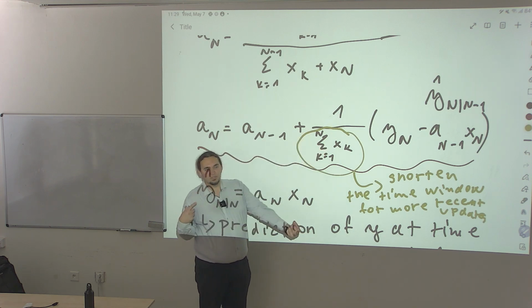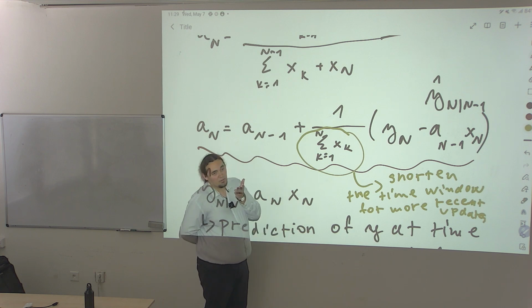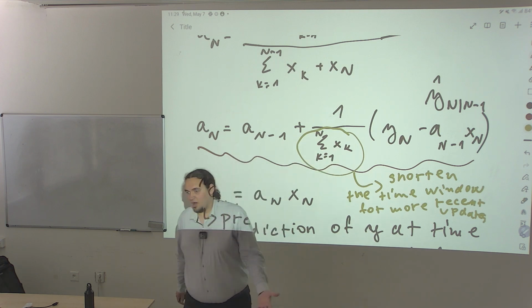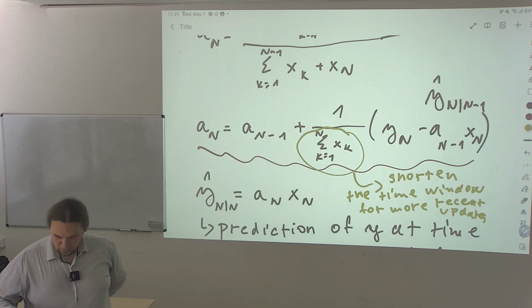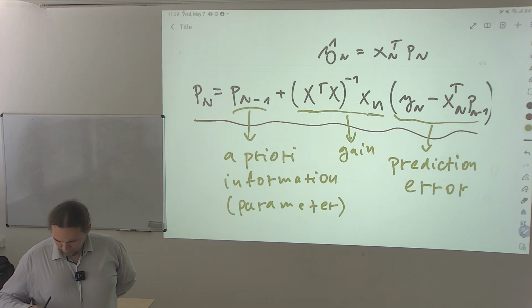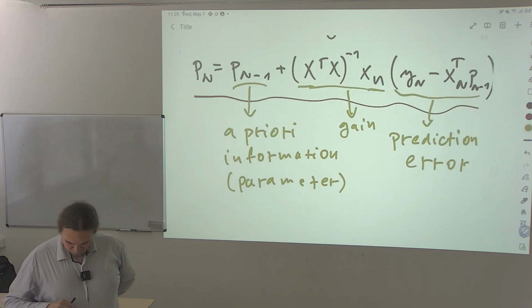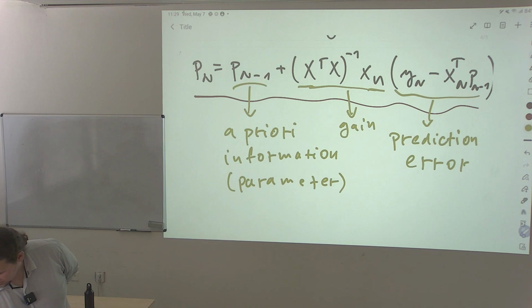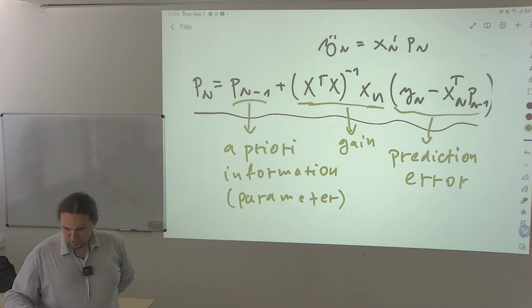So if the number of our past historical values of x grows, then also our gain gets smaller. Okay. Good. I think that's basically it.